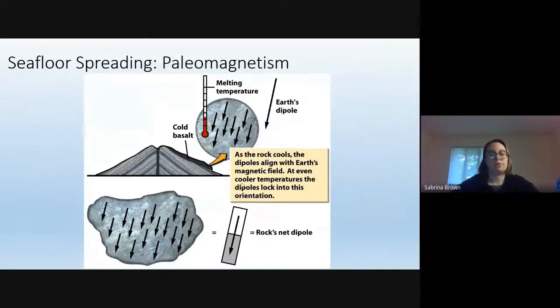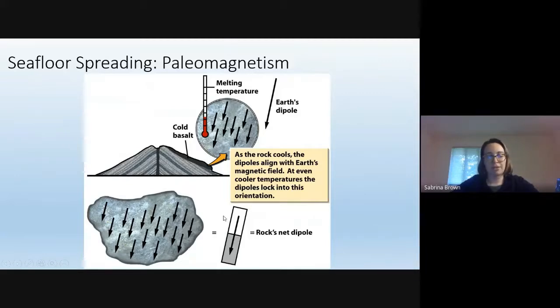Right, so here's a diagram showing you paleomagnetism, which is that we have this lava that's cooling into a basalt. As it's cooling, all of those iron minerals line up with the Earth's magnetic field at the time. And then once it's cooled, that locks that rock's dipole into place.